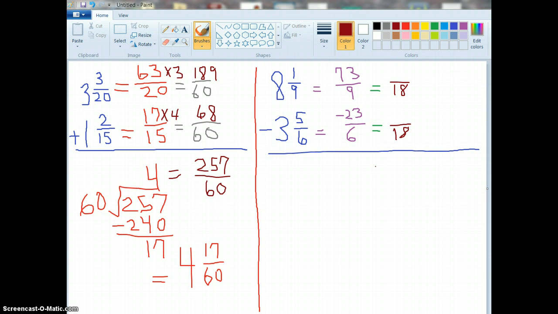And the next step, find each missing numerator. Ask yourself for the first fraction, how much could 9 go into 18? Right, that will go 2 times. So multiply 73 also by 2. And that will give us 146.